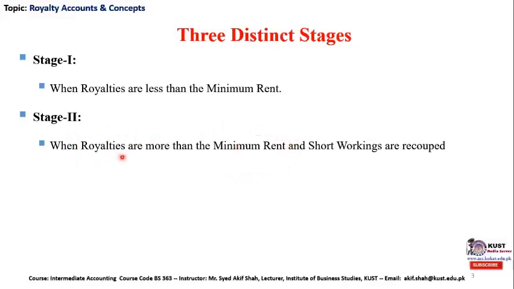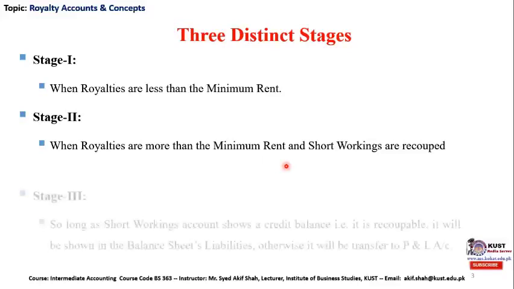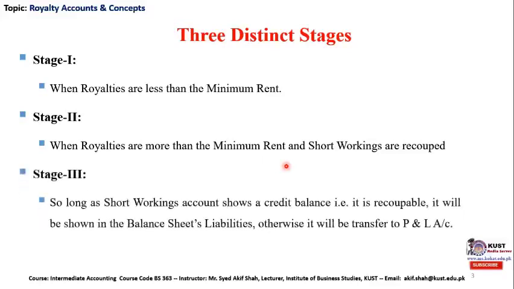Then this is the case when royalties are more than the minimum rent, and hence it allows the lessee to recoup its short working, or the extra amount the lessee has paid in the initial years of mine usage. So we'll discuss the short working recoupment.